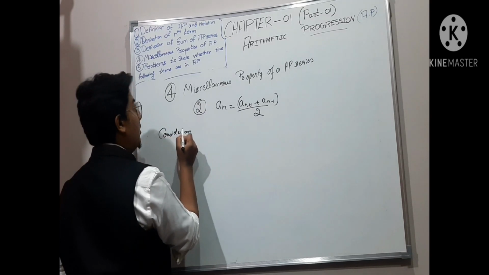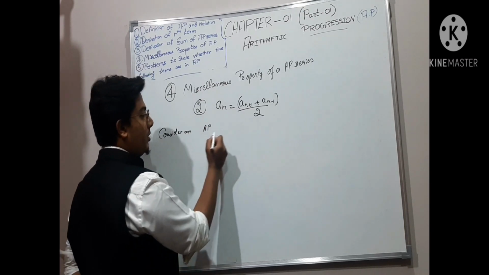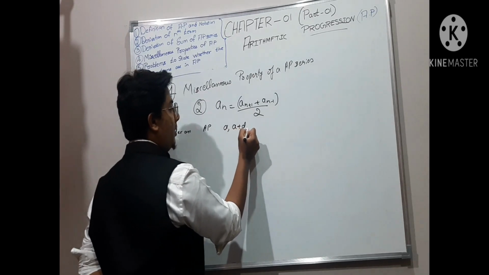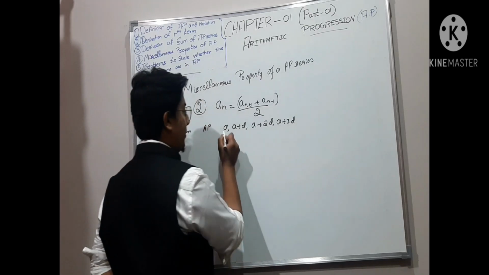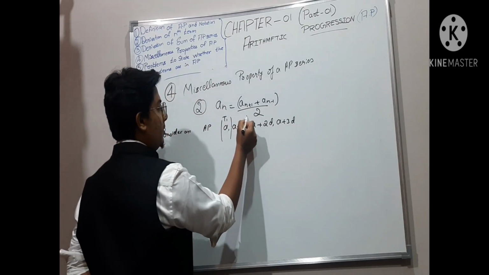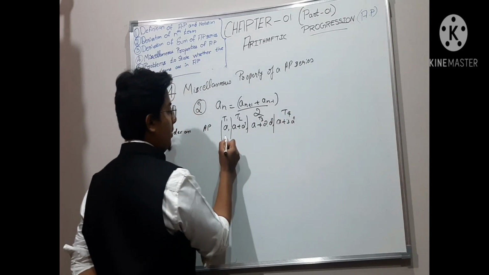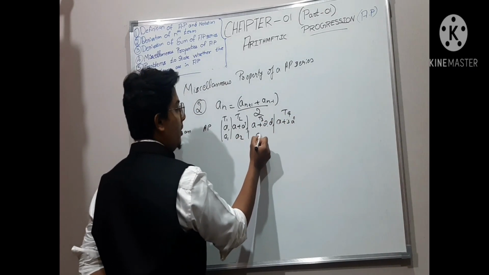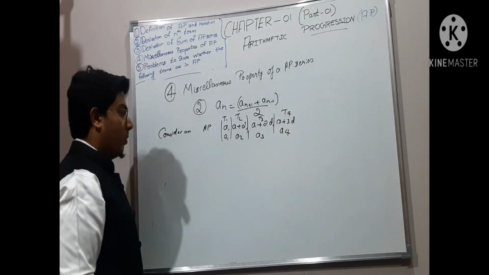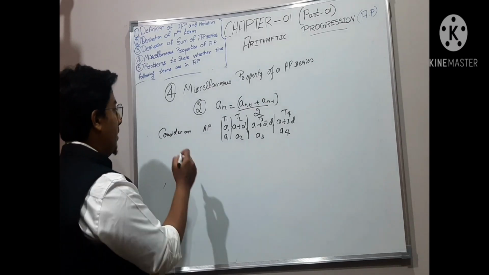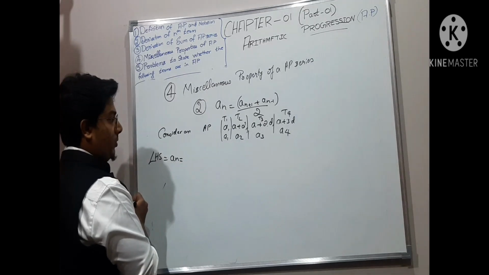In order to prove this, consider an arithmetic progression: a, a plus d, a plus 2d, a plus 3d. Here we have t1, t2, t3, t4, or a1, a2, a3, and a4. Consider the left-hand side, a_n.